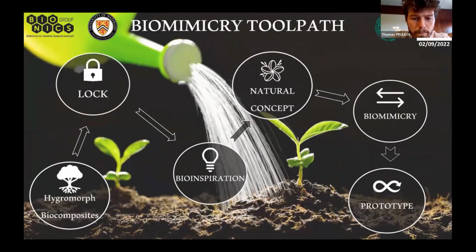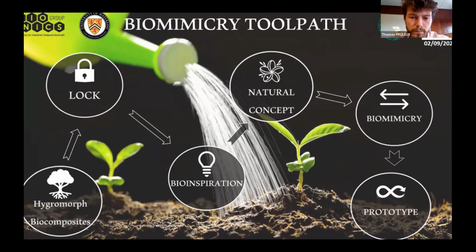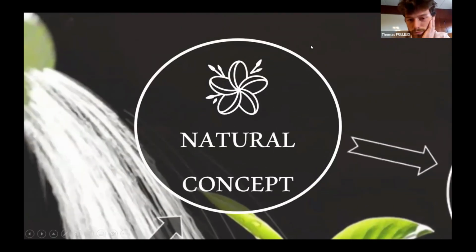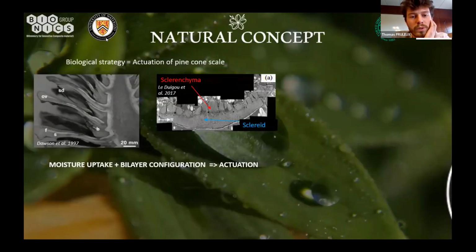So now, because I'm short on time, I will directly focus on the natural concept, which is quite related to the bio-inspiration. What I told you just before is that we, of course, take the pinecone scale as an example to design hygromorph biocomposites. To sum up, moisture uptake and the bilayer configuration inside the pinecone scale generate actuation.